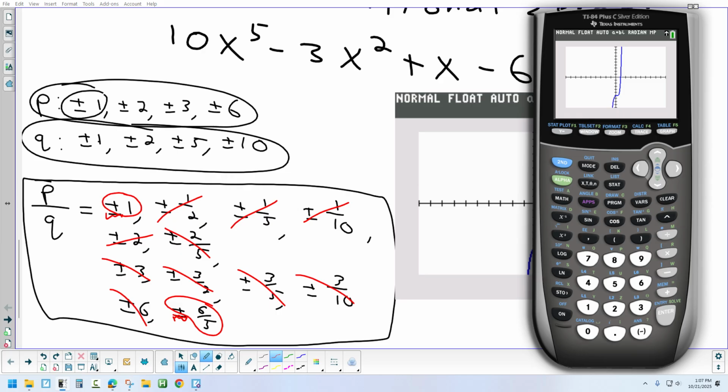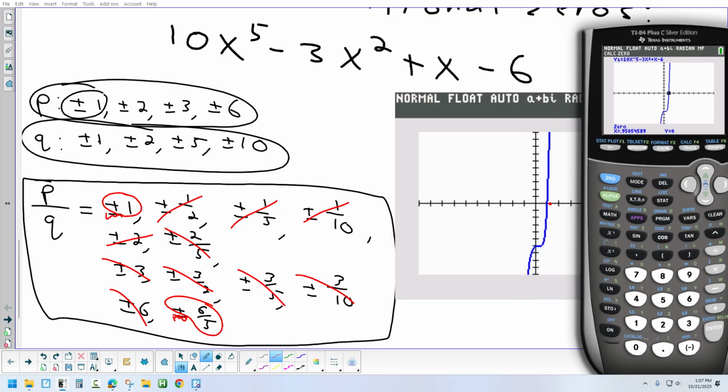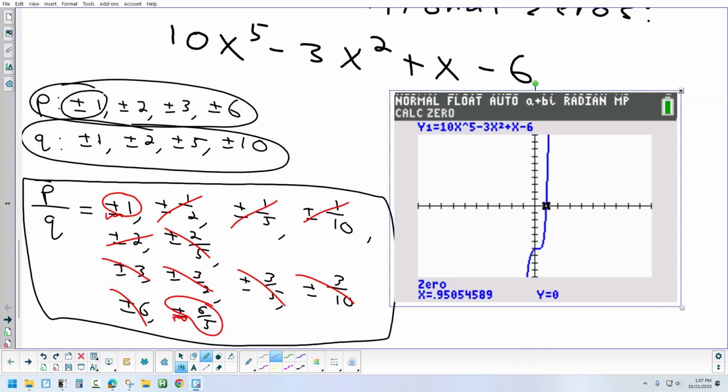Okay, so I'm going to do second calc, and which option will find the root? Zero. So pick a point to the left, pick a point to the right, do your guess, hit enter, and that is the root, 0.9505.